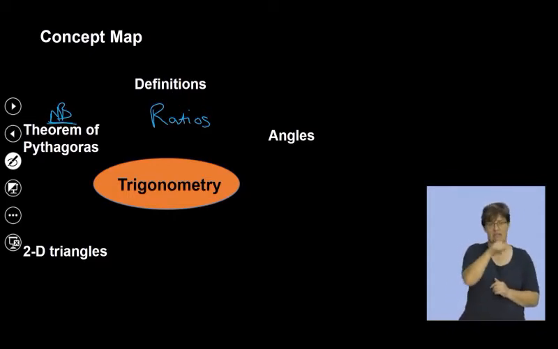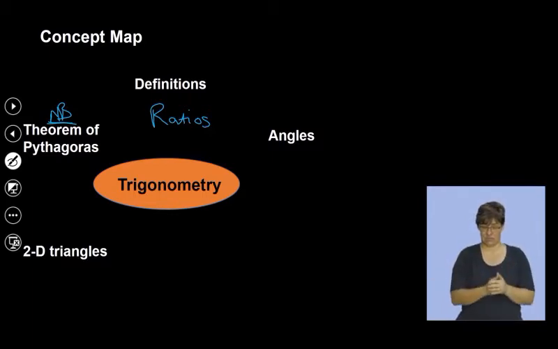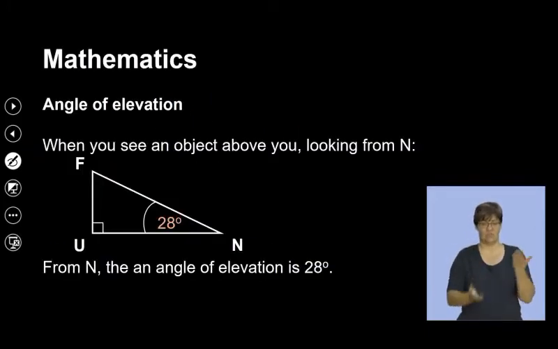No, you define it using opposite, adjacent, and hypotenuse side. And then we spoke about angles. Remember that our angles are normally your acute angles and your 90-degree angle in a triangle that we are dealing with at this present moment. Then we also looked at 2D triangles. The last concept that we're going to look at will be the Cartesian plane, but at a later stage. For now, that's the ratio.